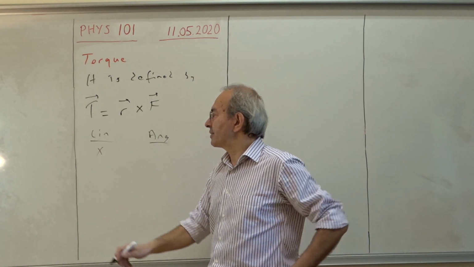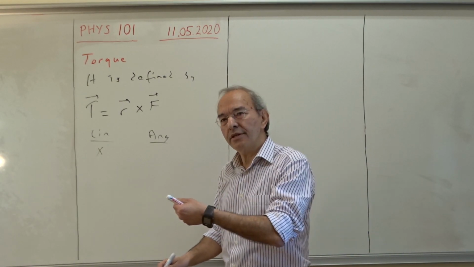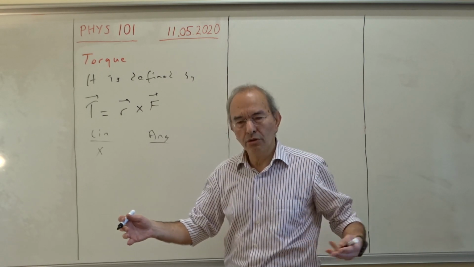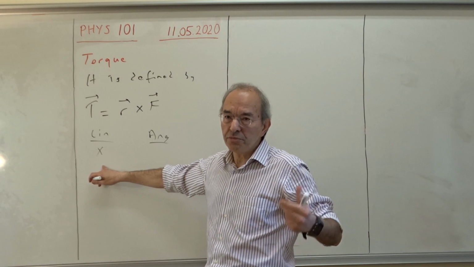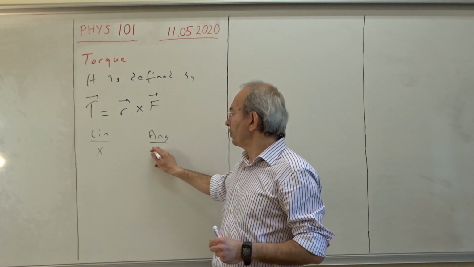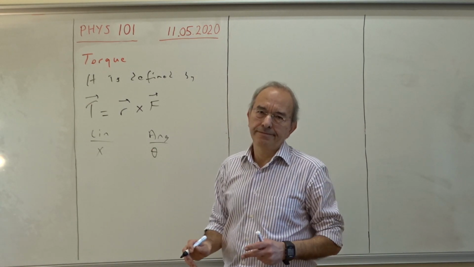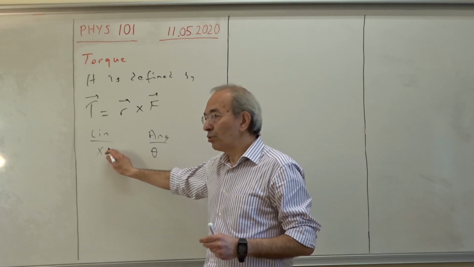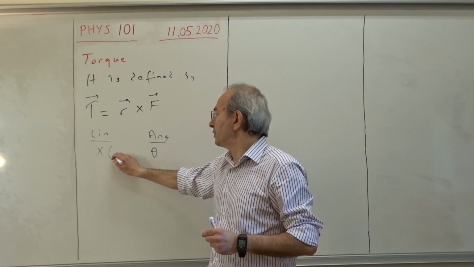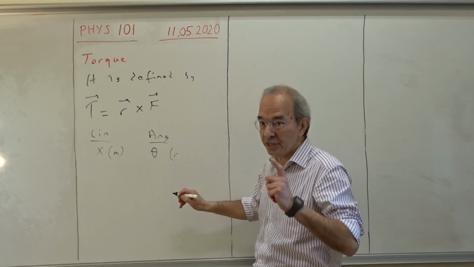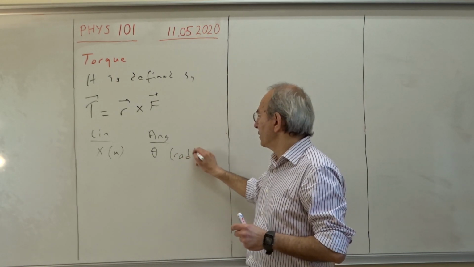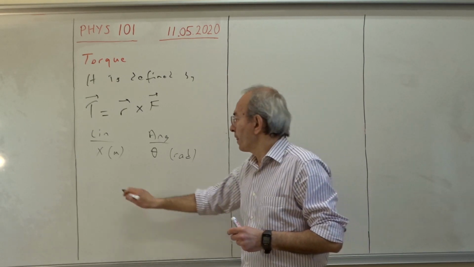For instance, x, the linear distance in a motion along a line, is generally written by x, and it is in terms of meters. So the corresponding thing is, remember, angle theta. And also think about the units, because x is in terms of meters, angle is in terms of not degrees, as I said before several times. Angle is in terms of radians.